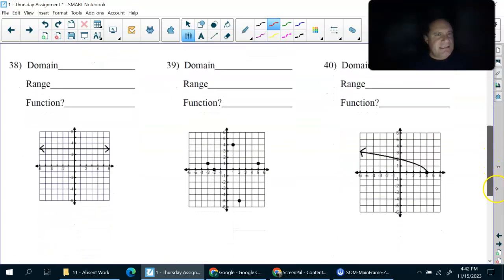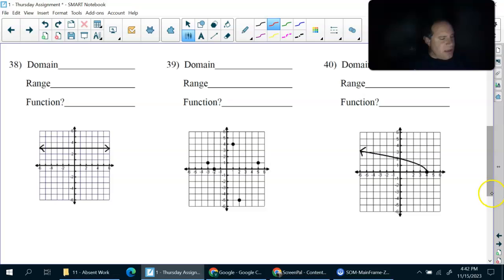Number 38 is a straight line. The straight line right here, this is what we're talking about, horizontal. Obviously, this is a function. Yes. The domain is negative infinity on one side of the x and positive infinity on the other side of the x.